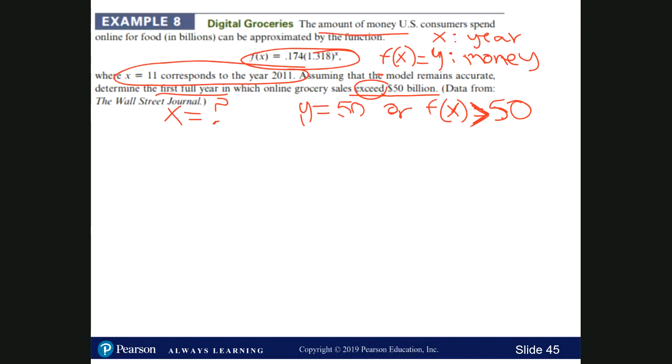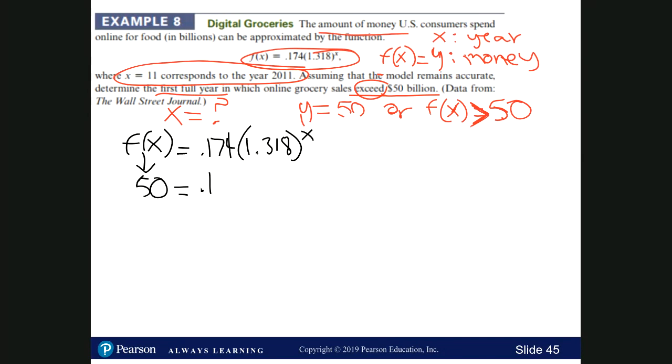So I'm just going to write the function again. F of x is equal to 0.174 times 1.318 to the power x. So we substitute f of x with 50. And here we have 0.174 times 1.318 to the power x.